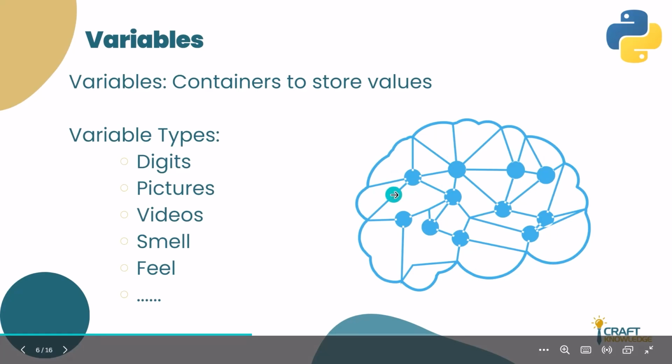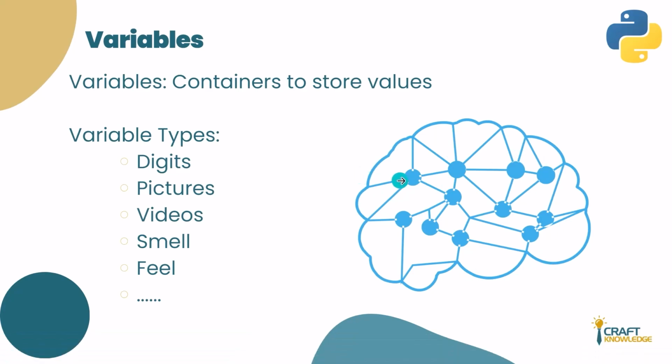So what if we need to store some information in our brain? Let's say I need to store the age of myself. Let's say I am 20-year-old, quite young. So I will store that information, that 20, somewhere inside this cell, and I'll keep updating this cell of my brain. After 1 year, maybe you'll ask me what is your age.